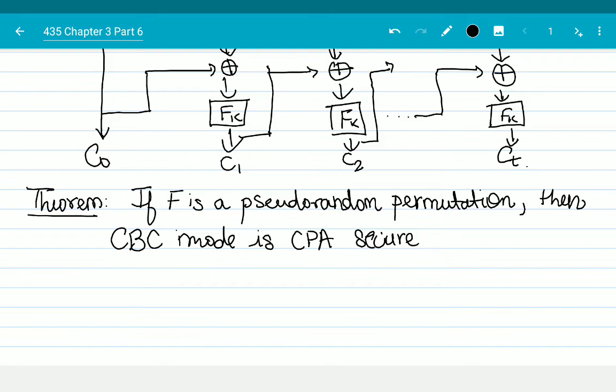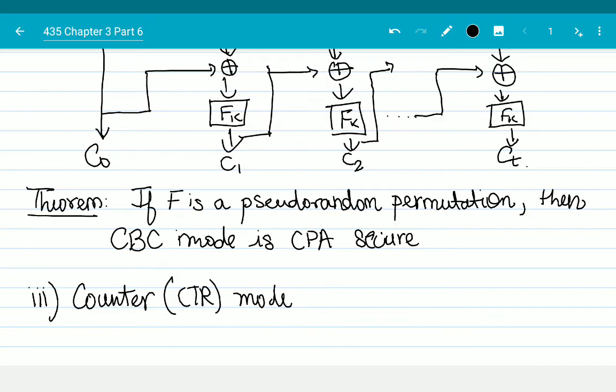Compared to that, what is called the counter mode. Counter mode, CTR mode.